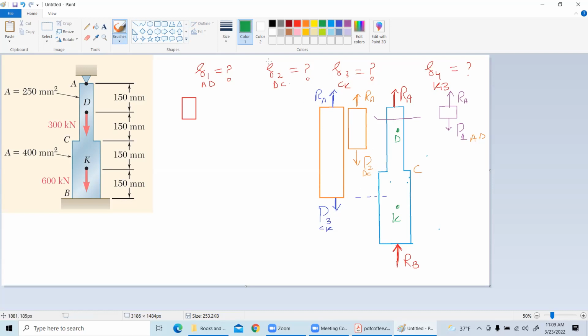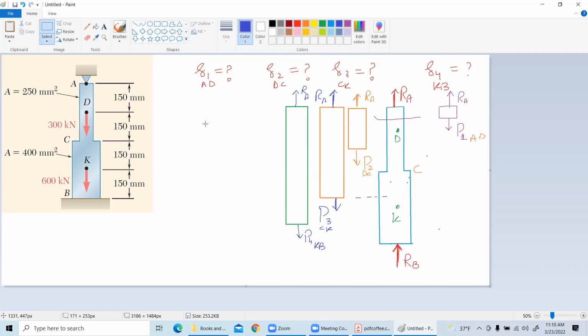And the last one is, okay, I have crossed K, right? Good, I have crossed K. Now I will make my last chunk as nice and beautiful RA. And this one will be P4, or let's call it KB, PKB, P4. So now I'm done.